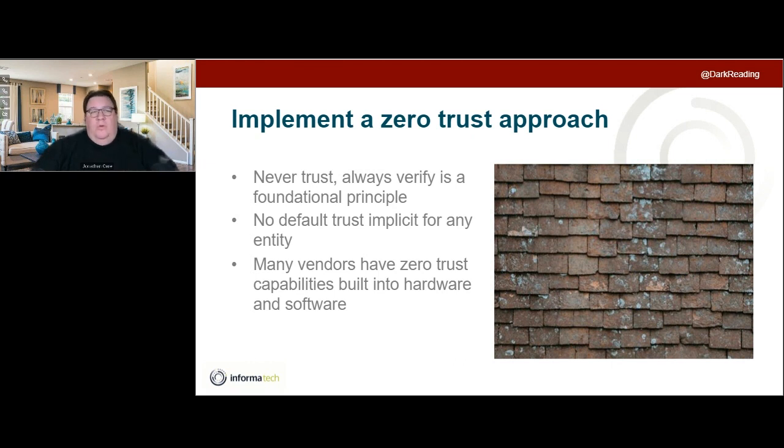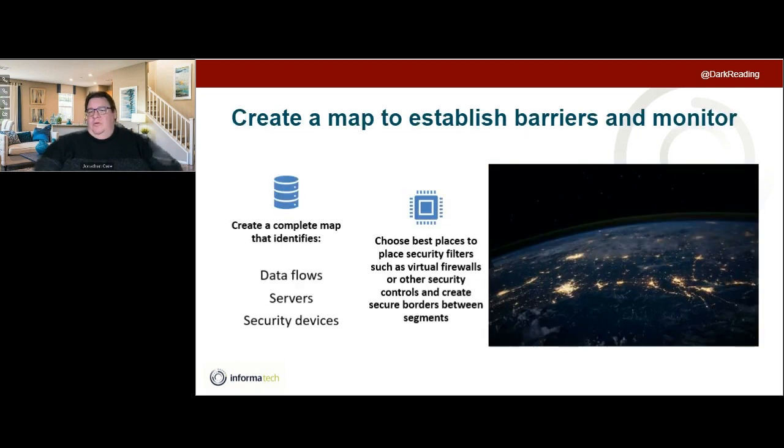No matter what your machine type is, no matter what your account name is, there is no default trust. And what we're seeing is that many vendors are building this zero trust capability into hardware and software. So again, zero trust aligns well with, and indeed can be delivered by, a microsegmentation approach.